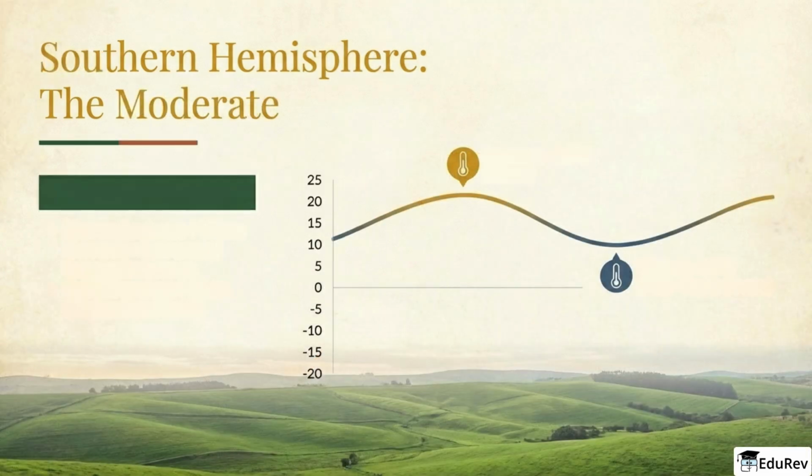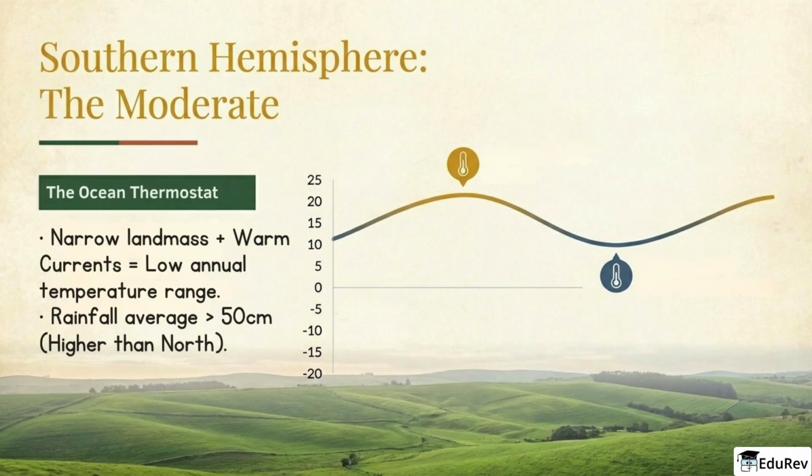Now move to the southern hemisphere moderate version of this climate. Here, the ocean behaves like a thermostat. Because the land masses are narrower and ocean currents are more influential, the annual temperature range stays low. Summer stays around 20 degrees Celsius, warm but not extreme.